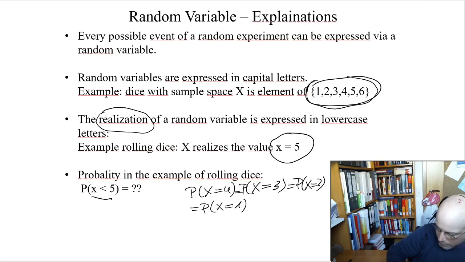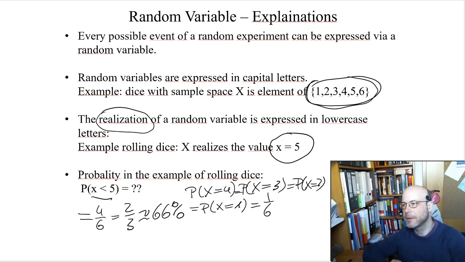These are all the events which are smaller than 5. Each is 1 over 6, and so we get 4 over 6, which is 2/3, or 66%. Well, I think you all know this, but it is just a first explanation of a random variable.